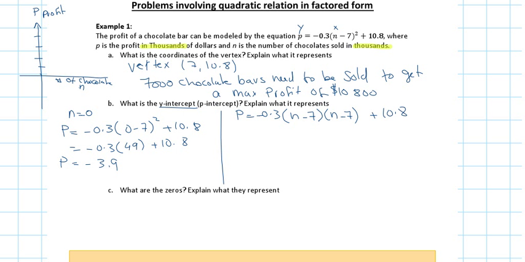Then you're going to do n squared minus 7n minus 7n plus 49 plus 10.8. Multiply the negative 0.3 in. I'm going to collect like terms first. Distribute the negative 0.3 in.